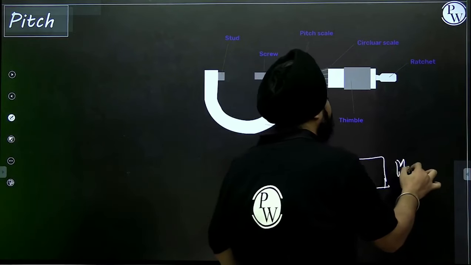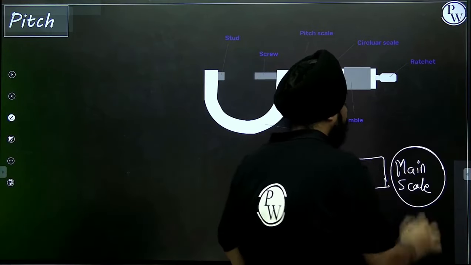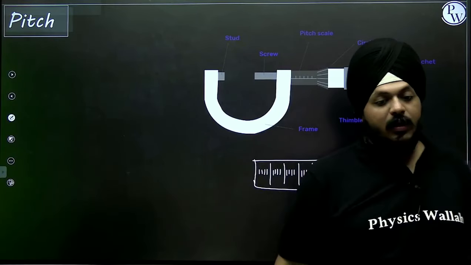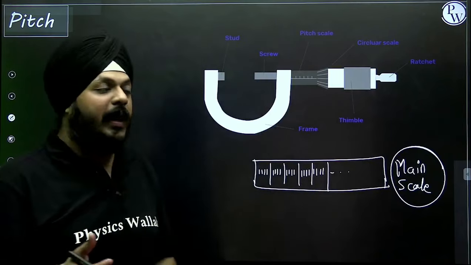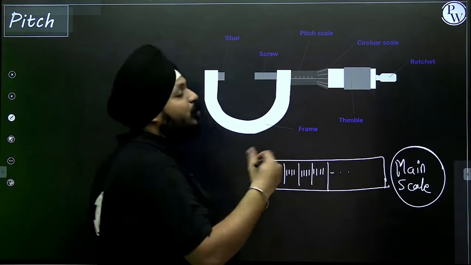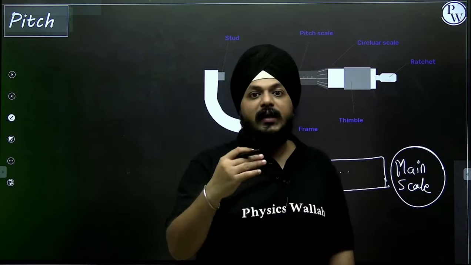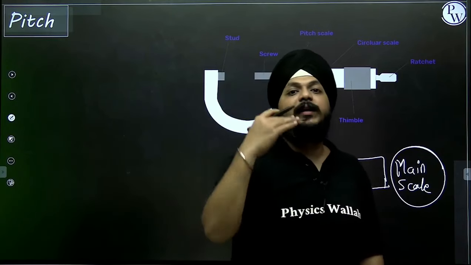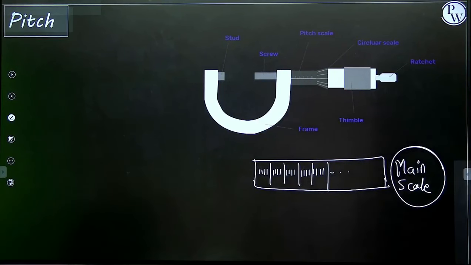This is a main scale. The formula of the least count here is different as compared to the Vernier caliper. But how it is different, we are going to see.